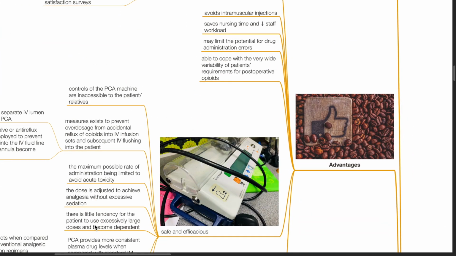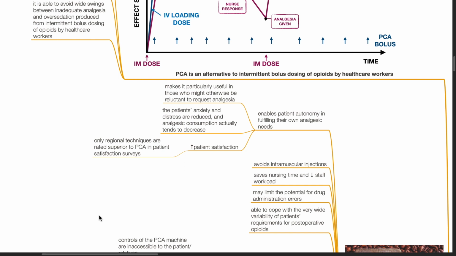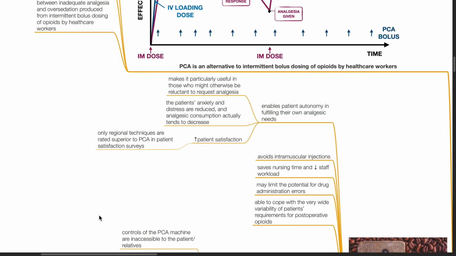Advantages of PCA. It enables patient autonomy in fulfilling their own analgesic needs. This makes it particularly useful in those who might otherwise be reluctant to request analgesia. The patient's anxiety and distress are reduced, and analgesic consumption actually tends to decrease. There is increased patient satisfaction.